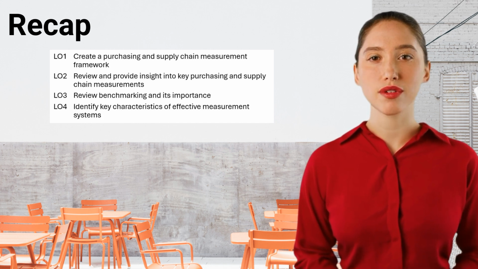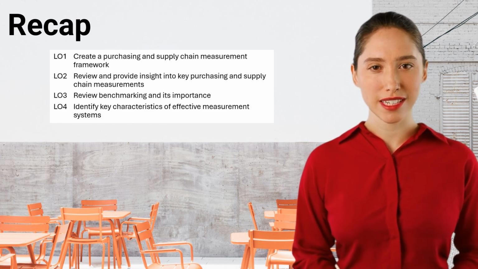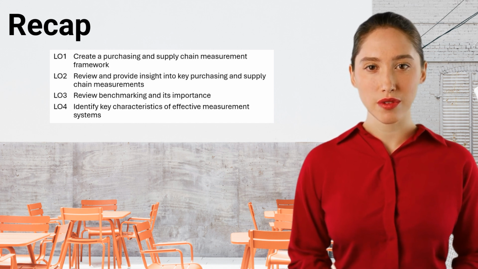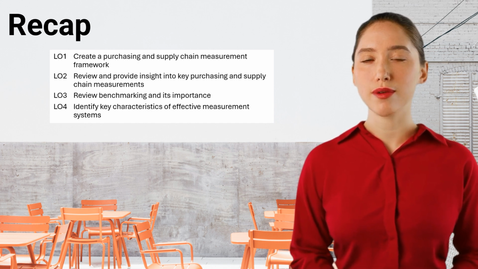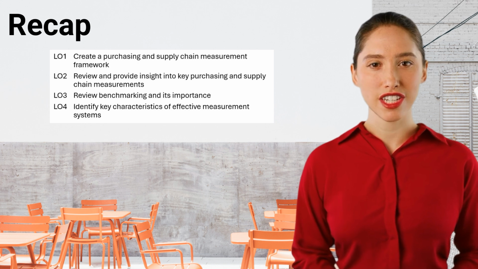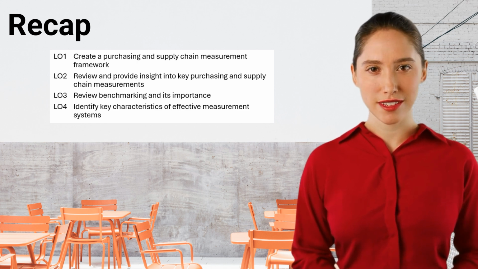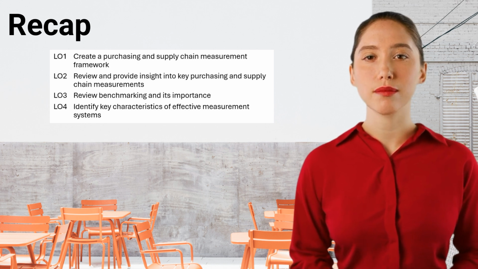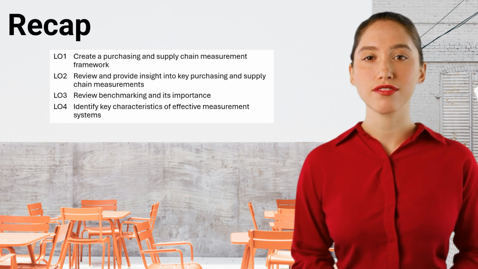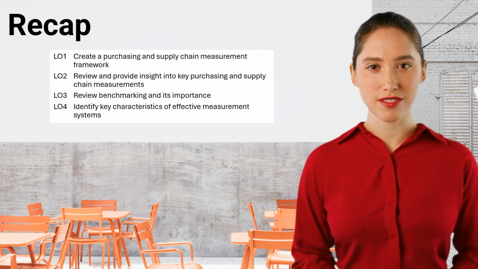Second, we reviewed key purchasing and supply chain measurements. These include traditional measures like purchase price variance, cost reduction, and inventory metrics, as well as broader indicators such as delivery reliability, supplier innovation, defect rates, and responsiveness. Together, these measures provide a more complete picture of how supply management contributes to operational efficiency and organizational effectiveness.